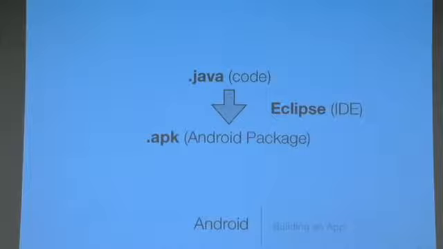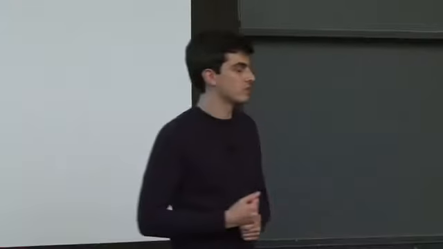So basically, the general overall steps are that you're going to download the Eclipse IDE, which is a separate download from the Eclipse website, and then you're going to download the Android plugin for Eclipse and all of the Android tools that are available off of that SDK website that you just saw a moment ago.